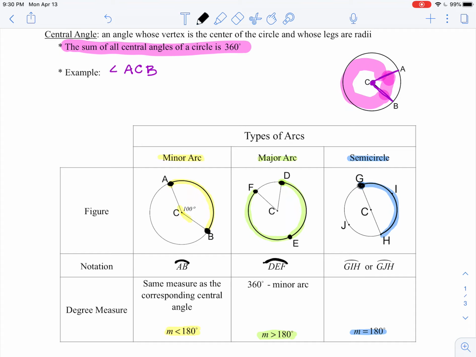So here let's say G, a point that we pass through, and then the ending point. So arc GIH or GJIH indicates the right half of the circle, whereas if I wanted to talk about the left semicircle, that would be arc GJH.